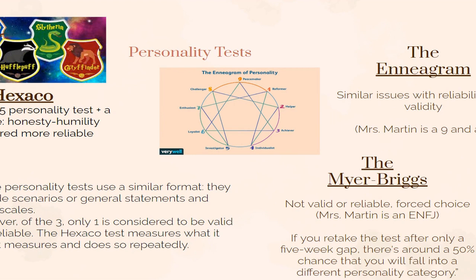This is because of a couple of things within the theory of psychology and personality, which we're not going to get into. But I wanted to talk about how the Myers-Briggs especially has this statistic with it. If you retake the test after only a 5-week gap, there's a 50% chance that you will fall into a different personality category. Your personality should not change that drastically, like ever. So that's a concerning sign that things are not either valid or reliable.